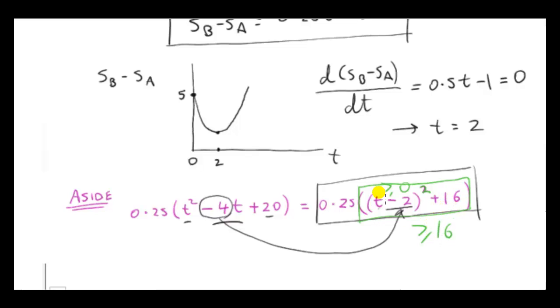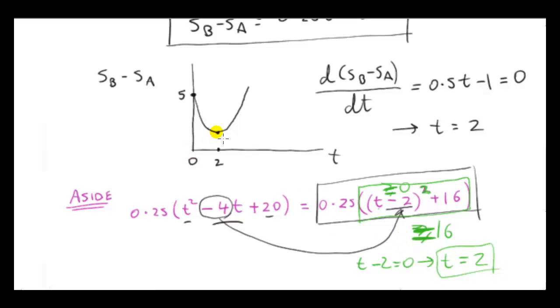So everything highlighted here will be a minimum, i.e. it will equal 16 when this thing in here is exactly 0. This thing cannot be any less than 0 because it's something squared. So when is this equal to 0? Well, t minus 2 equals 0 when t is equal to 2.